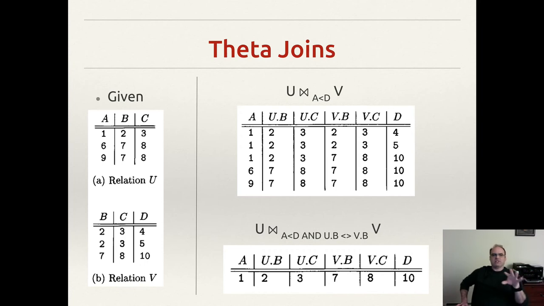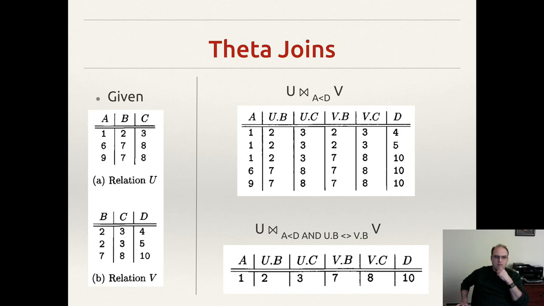So let's just work through an example here. Given these two relations, we have relation U and relation V again. Again, three tuples with three attributes each. If we have a join on U and V, but we put a condition in there that A is less than D, let's look at the result. For the first tuple, A is a 1.